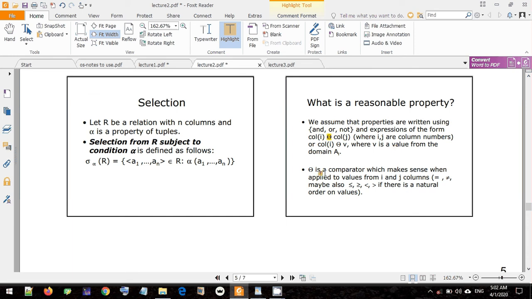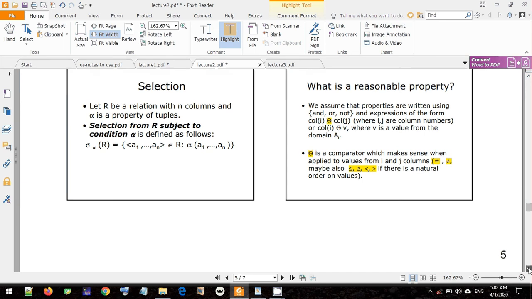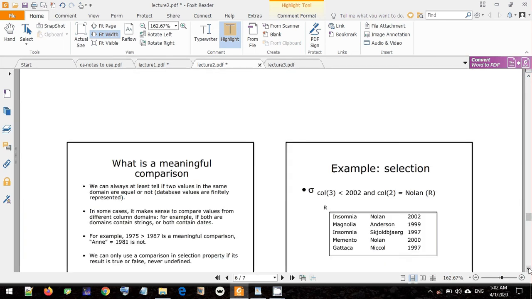This comparator can make sense if we apply it to values of I and J. The comparator could be equal to, not equal to, or comparisons like less than or equal to, greater than or equal to, less than, greater than, if there is a natural order on the values.